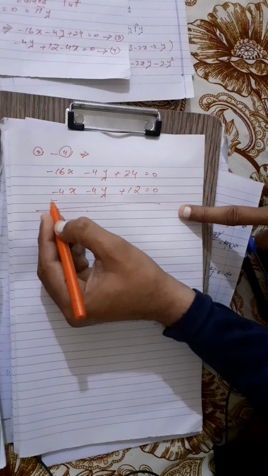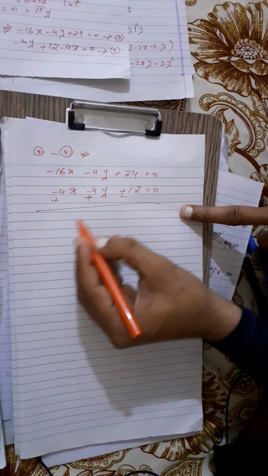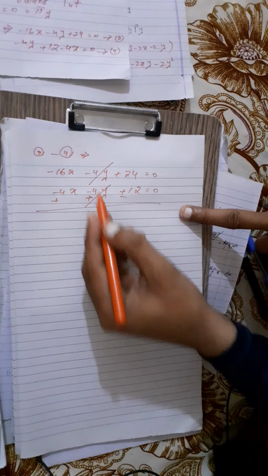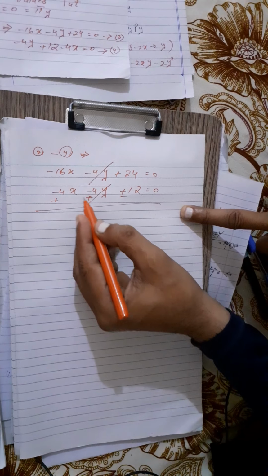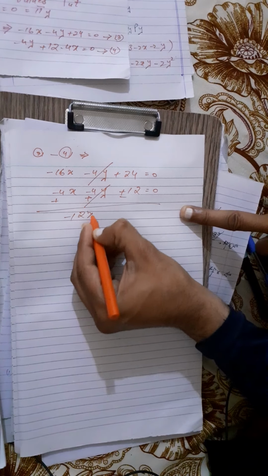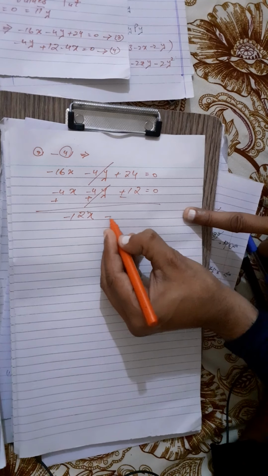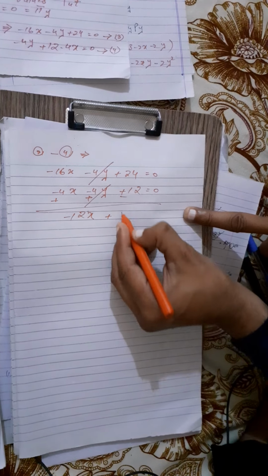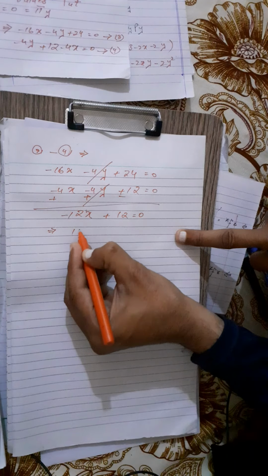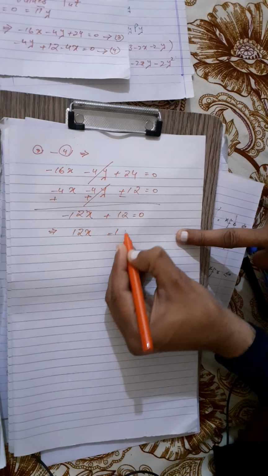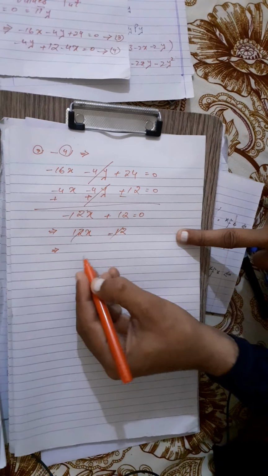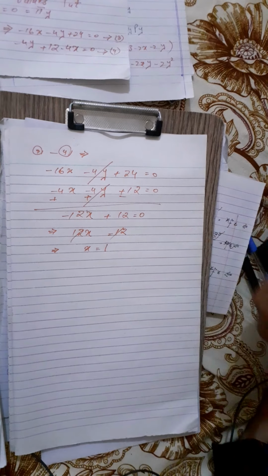Change the signs as we are subtracting. Minus 4y and minus 4y cancel, minus 16x plus 4x, so minus 12x is left. 24 minus 12, 12, equal to 0. From here 12x equals 12. Dividing by 12, we get x equal to 1.